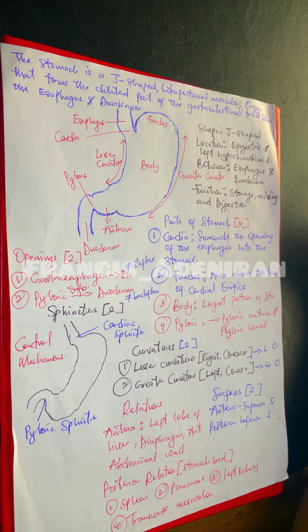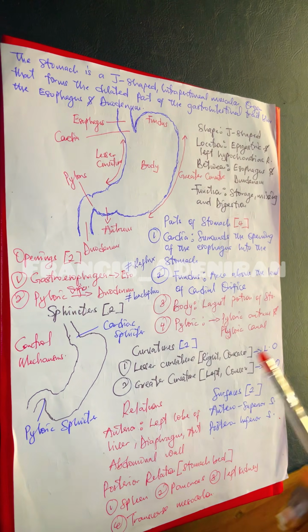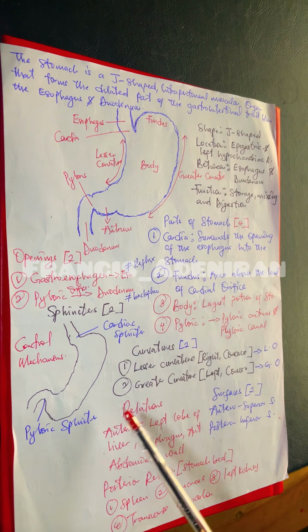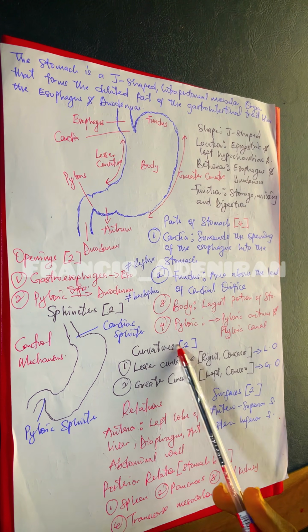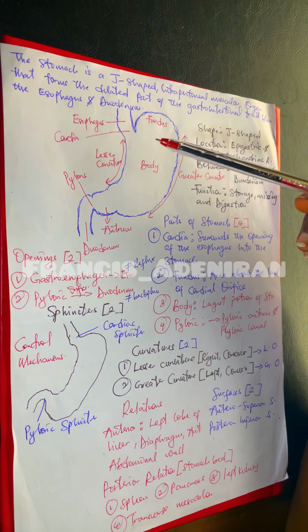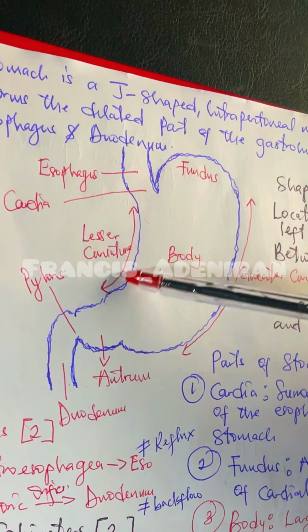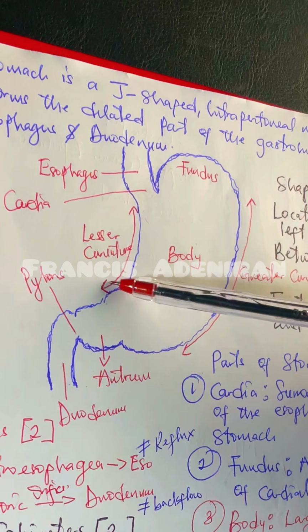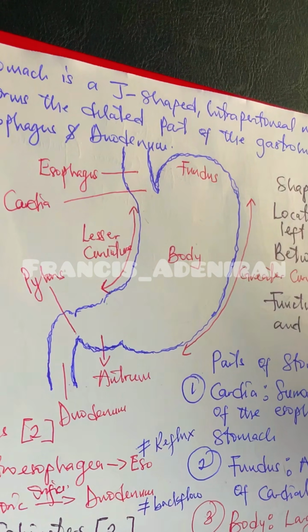So let's move to the curvatures of the stomach. Essentially, we have 2 curvatures: the lesser curvature and the greater curvature. Here is the lesser curvature. It's on the right side and it's concave.